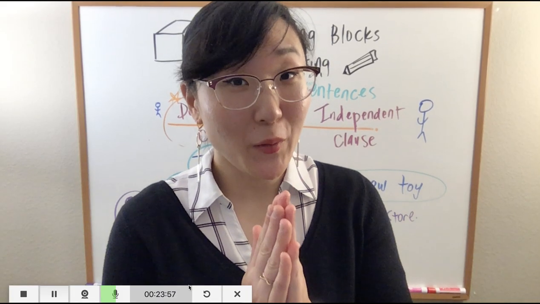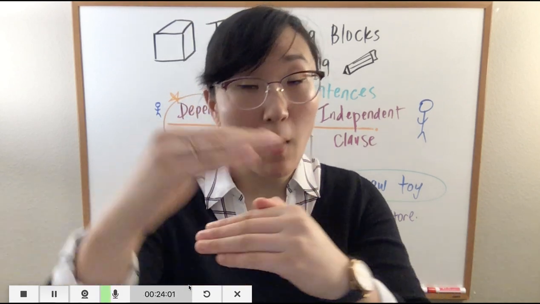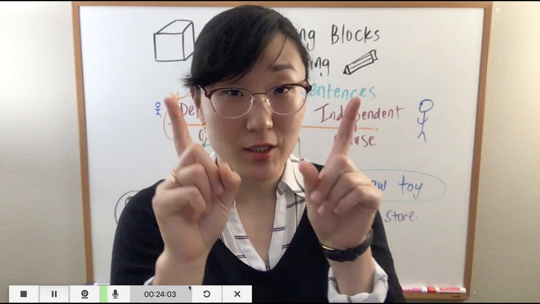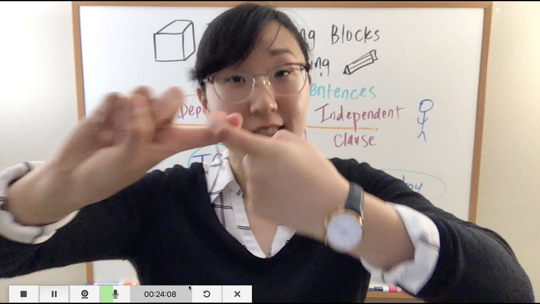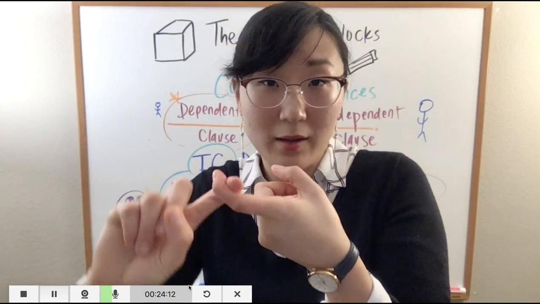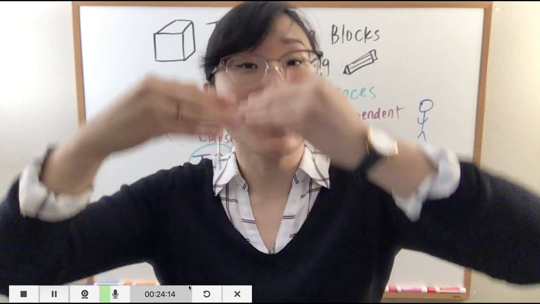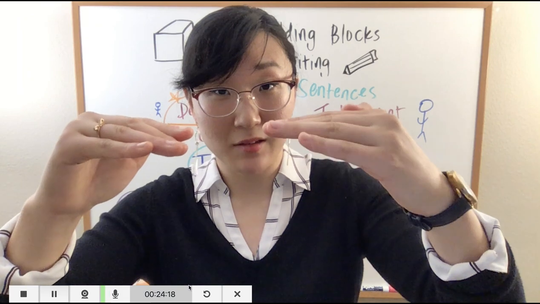Okay, so we've covered simple sentences, which are independent clauses. We've covered compound sentences, which means you're putting two independent clauses, two simple sentences, together, tied together with fanboys, hot mamas, or just a semicolon, right? And then we talked about complex sentences, which have a dependent clause with an independent clause.